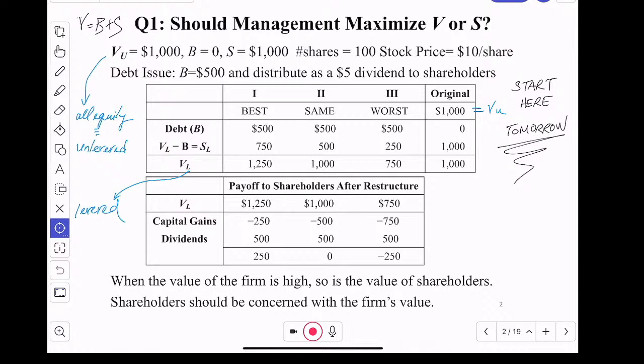Now, the firm is looking at a debt issue, so they're going to issue $500 worth of debt. They're borrowing that money, by taking on those bondholders, so they will have $500 that they then turn around and distribute as a $5 dividend to each share.